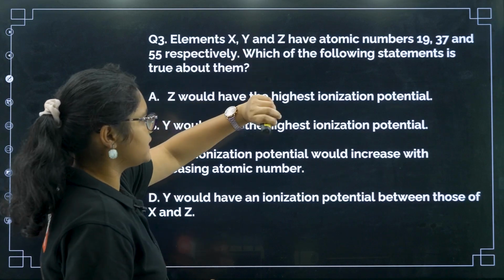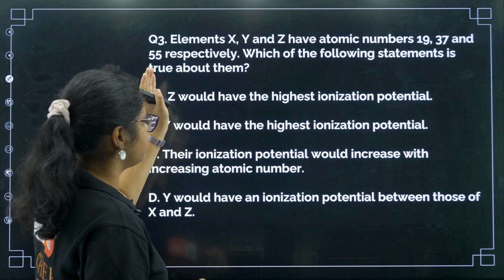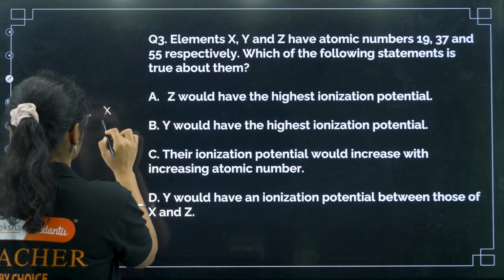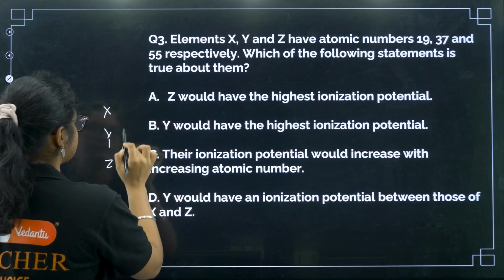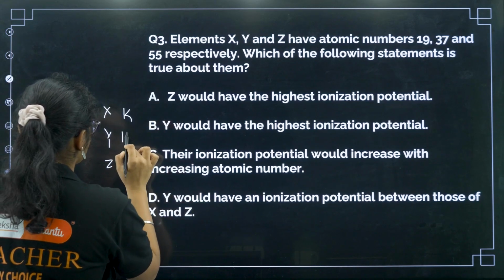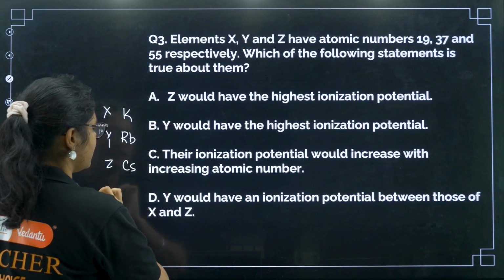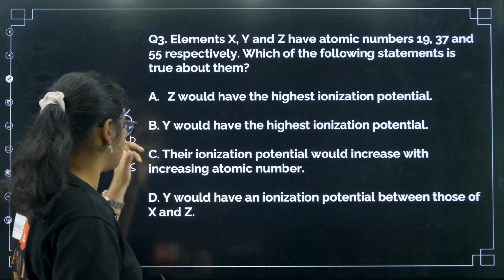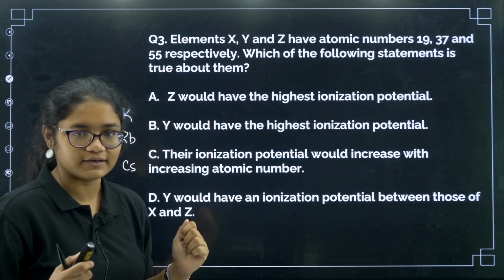Now elements X, Y, Z have atomic number 19, 37 and 55. Which of the following statements is true about them? So X, Y and Z, right, they are belonging to the same group. This is potassium, rubidium and cesium, right? So now Z would have the highest ionization potential? Down the group the ionization potential decreases, right?